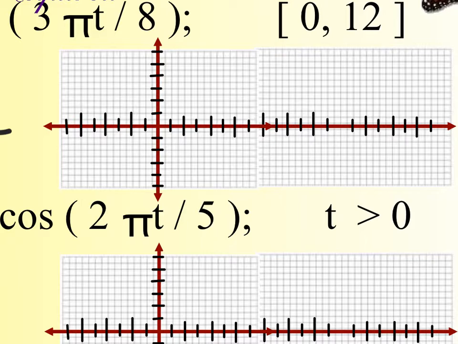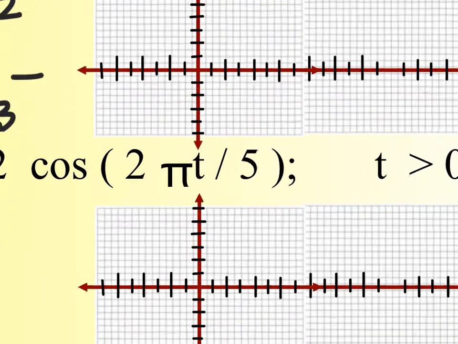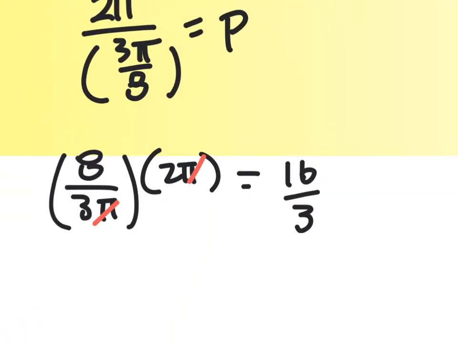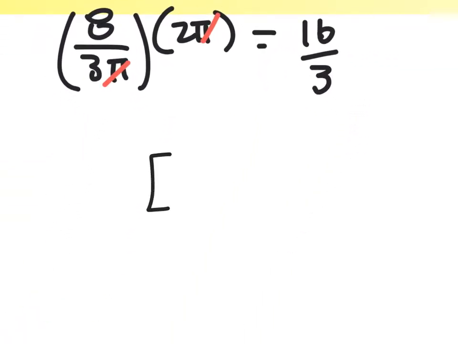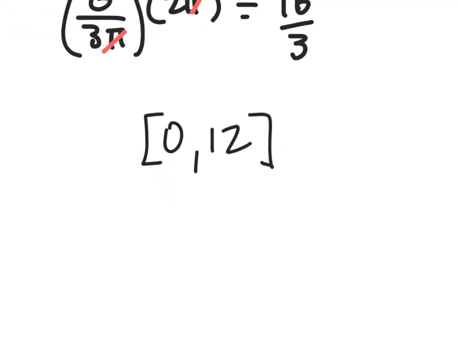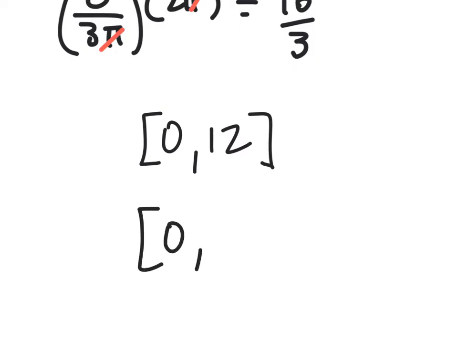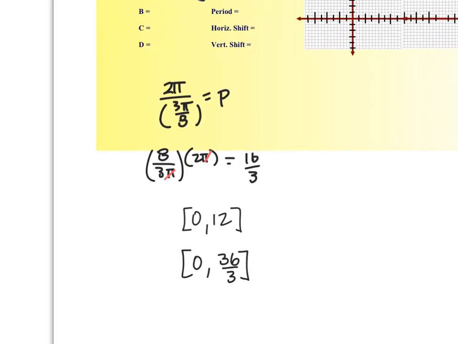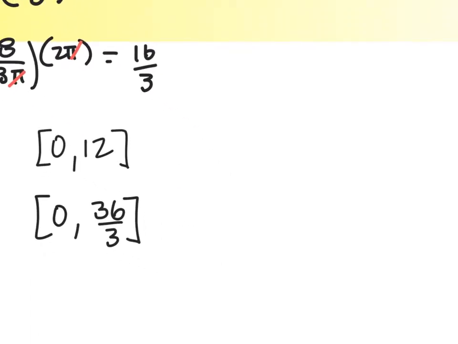I'll go with, let's see here. This will be my first. Oh, I want to go out to 12. Gross. Okay, so let's think about this for a second. If I want to go from 0 to 12, and one period is 0 to 16 thirds, this would be 0 to 36 thirds. How many times would I do that? 16 thirds would be one period.